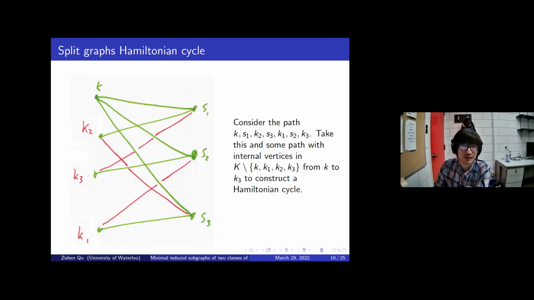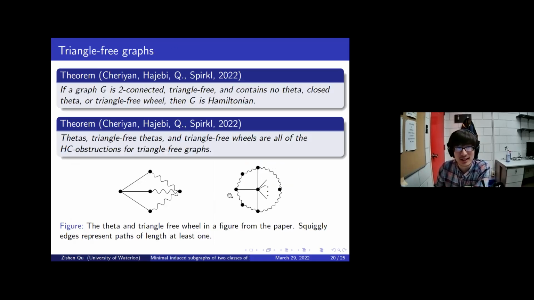So with those 5 claims in this finite construction, you can obtain the theorem that you wanted, which is that if you have a split graph, you have no N nova and no snare, and you're 2 connected, then you're Hamiltonian. Okay, so that's it for split graphs.